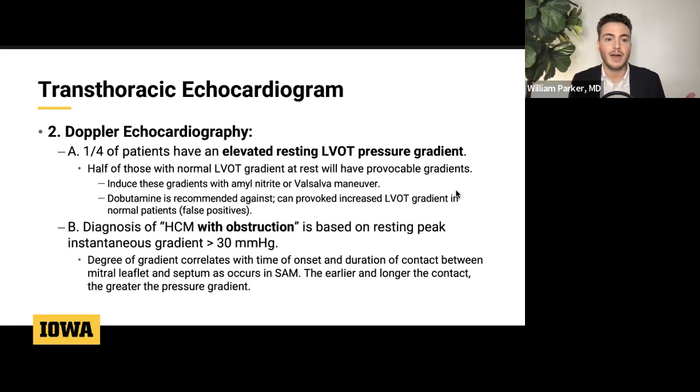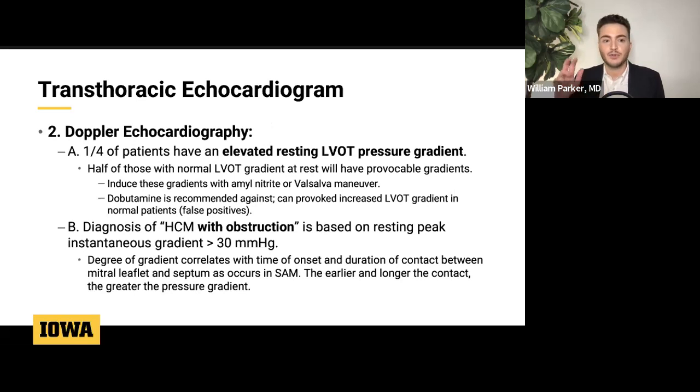And so to do that, Valsalva maneuver or amyl nitrite are the two classic ways to induce obstruction. Traditionally, I think dobutamine was also used, but it is recommended against. It can provoke an increased gradient in normal patients, aka false positives. So it's not thought to have much diagnostic value.